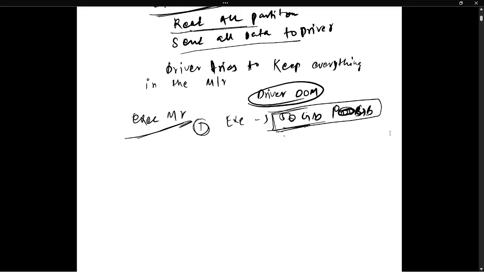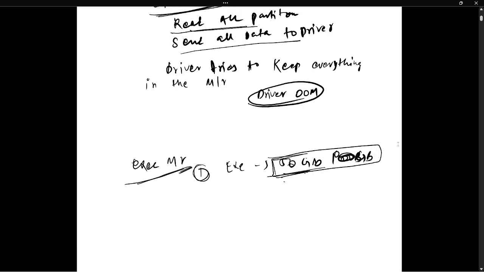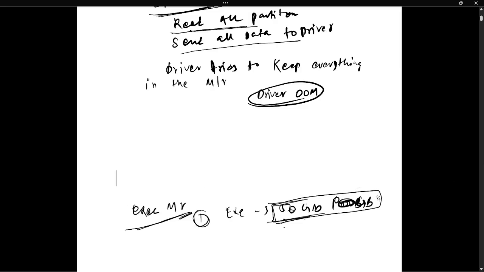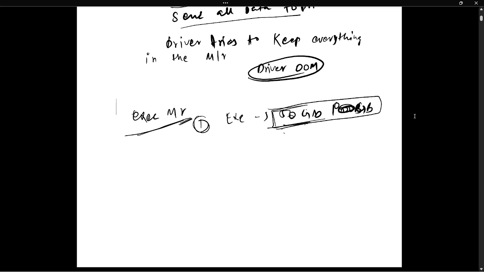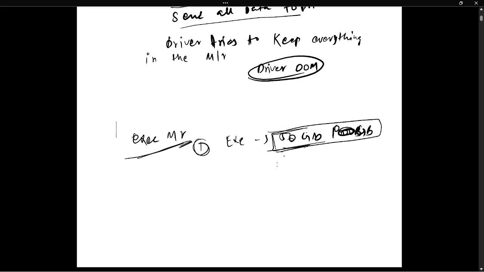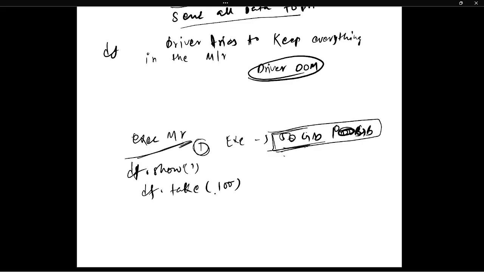So the safer approach should be to always use the df.show method, or you can use df.take, where you can pass something like 100, or you can use df.limit(1000).collect.